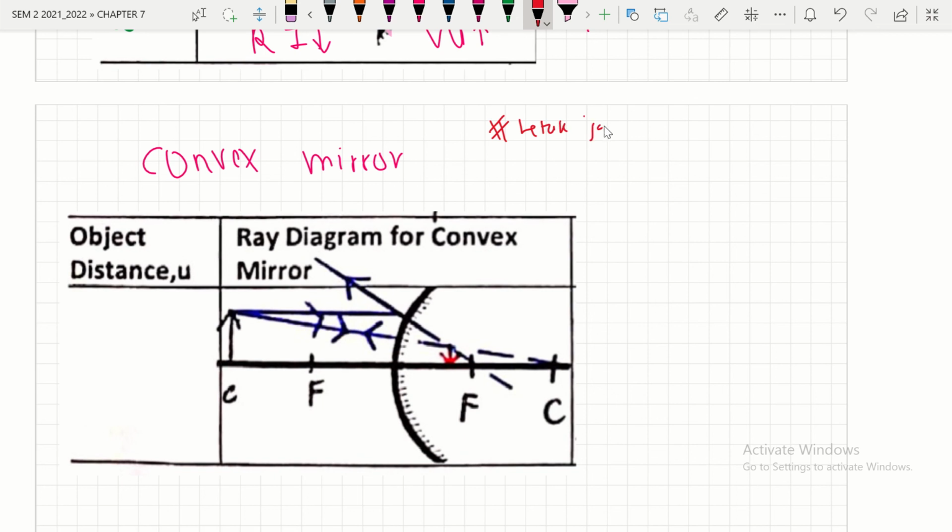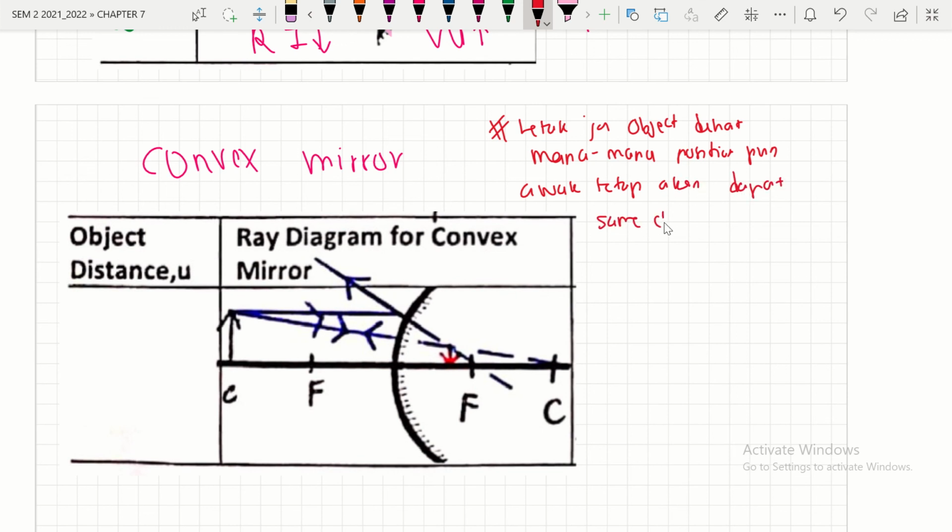Letak je objek dekat mana-mana position pun, awak tetap akan dapat same characteristic or nature of image. Okay, letak kat position dekat mana pun.